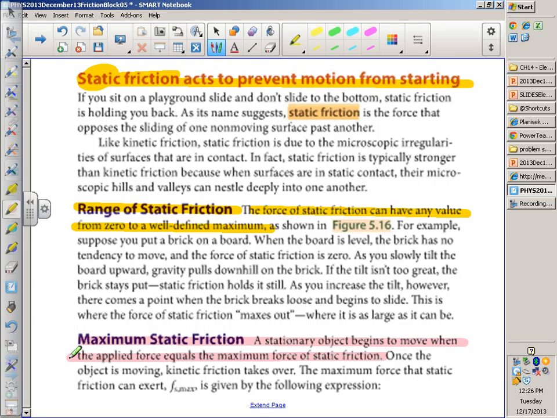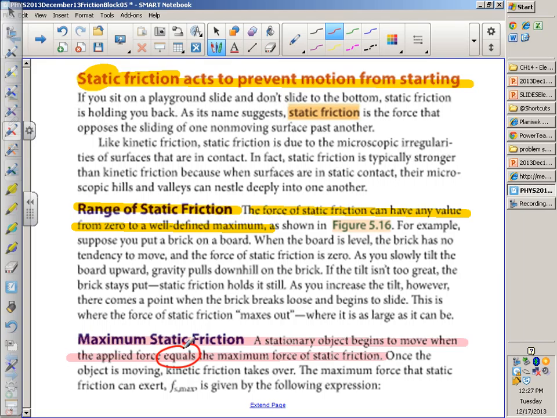All right? There's a problem with that sentence, though. What's the problem with that sentence as it is written? There's one word that we have to change. Great. Equals can't be the case.